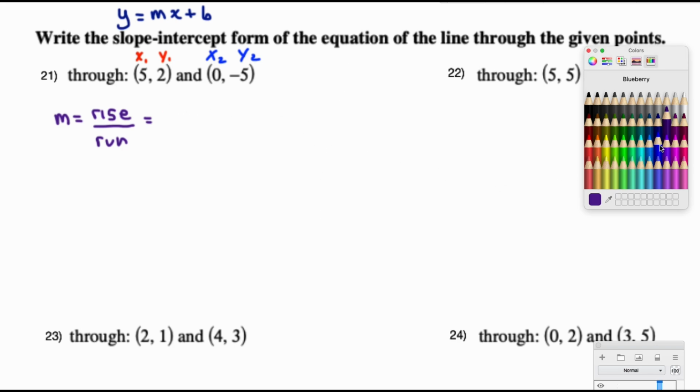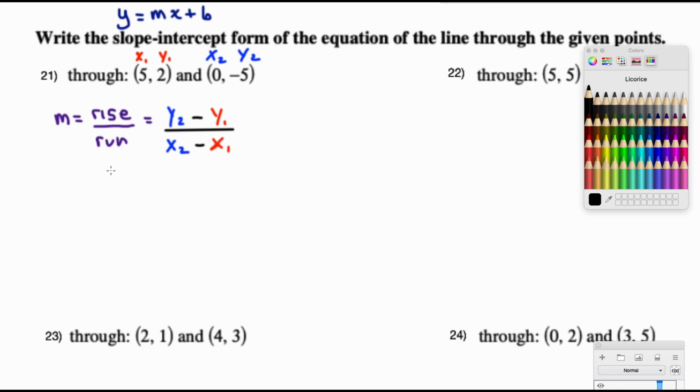So the difference of the y values over, let's do that, y2 minus y1 over the difference of the x values. So I've got x2, trying to color code this, minus x1. And this gives me the slope.